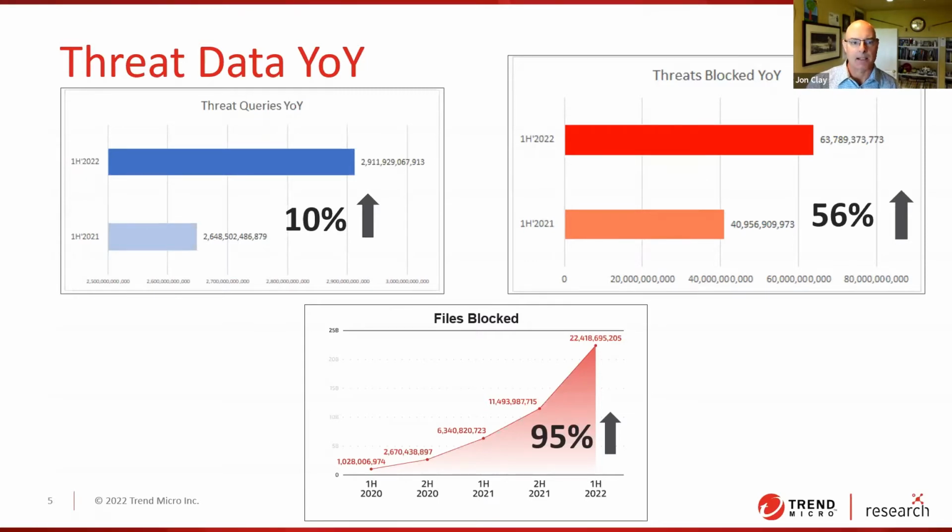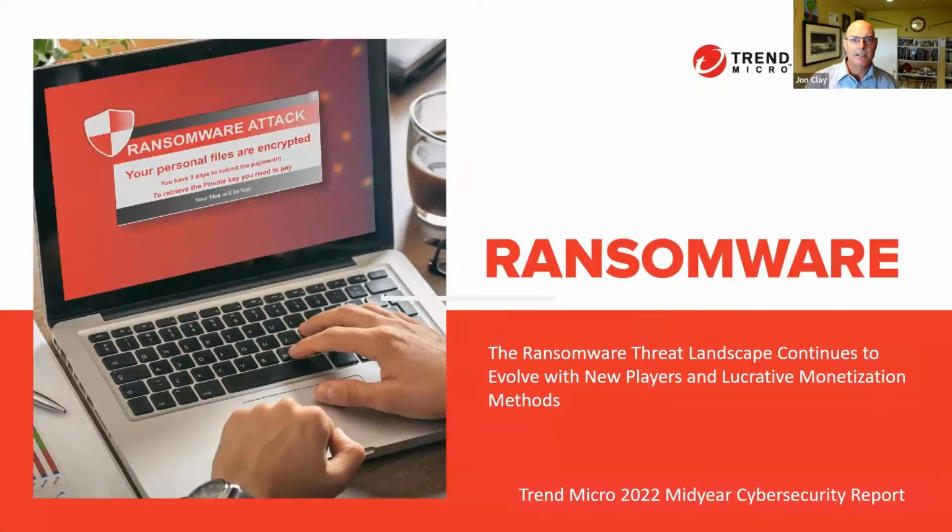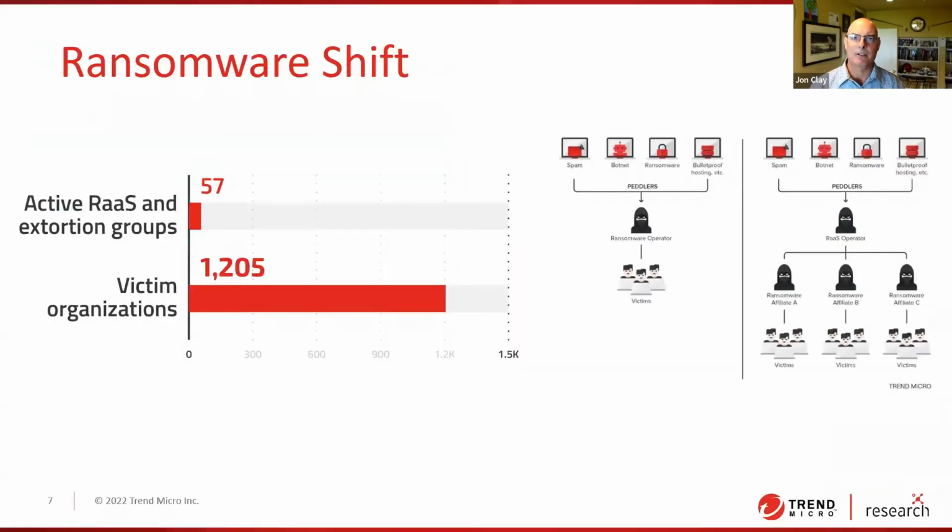Now let's talk about some of the big key areas that we found in the first half. The first area is ransomware. The ransomware landscape obviously continues to evolve, continues to change. Lots of new players keep coming into this space. The monetization methods continue to change over time. One of the big areas we're seeing is ransomware as a service.